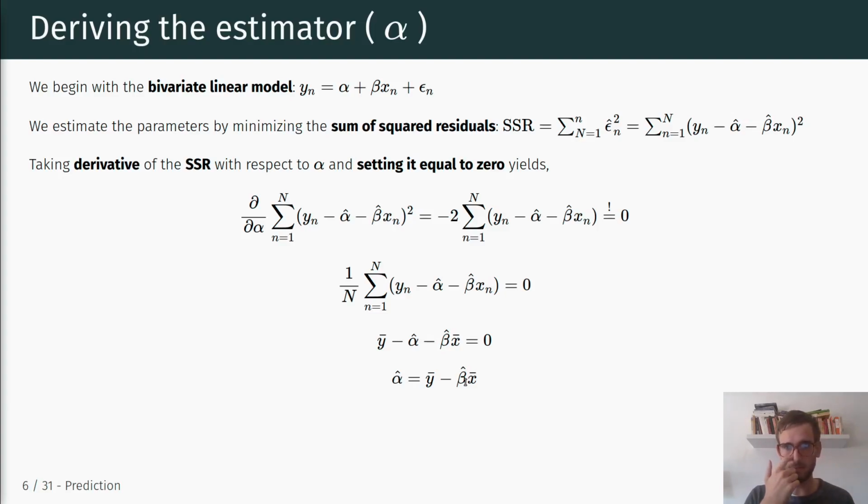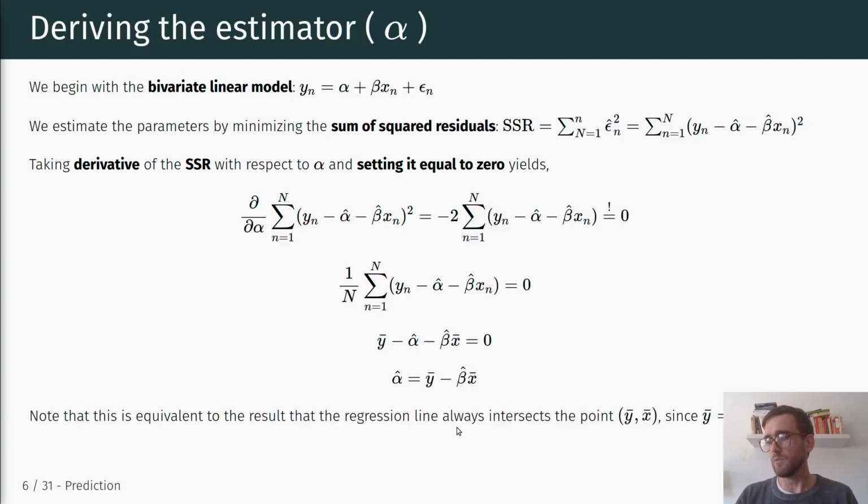We have a specification for alpha hat that depends only on data that we observed, y bar and x bar, and on our beta hat itself. We'll proceed now with a specification for beta hat. And once we have beta hat, we can plug that into our formula here for alpha hat, and we get our estimator for the intercept, our estimate for the intercept.